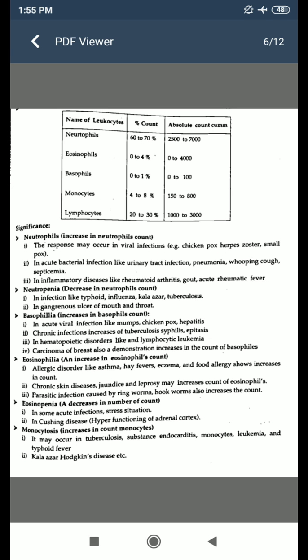In acute viral infections, mumps, chickenpox, and viral hepatitis show an increase in the numbers of lymphocytes. Then chronic infections such as tuberculosis, pertussis, and syphilis, and lymphocytic leukemia.